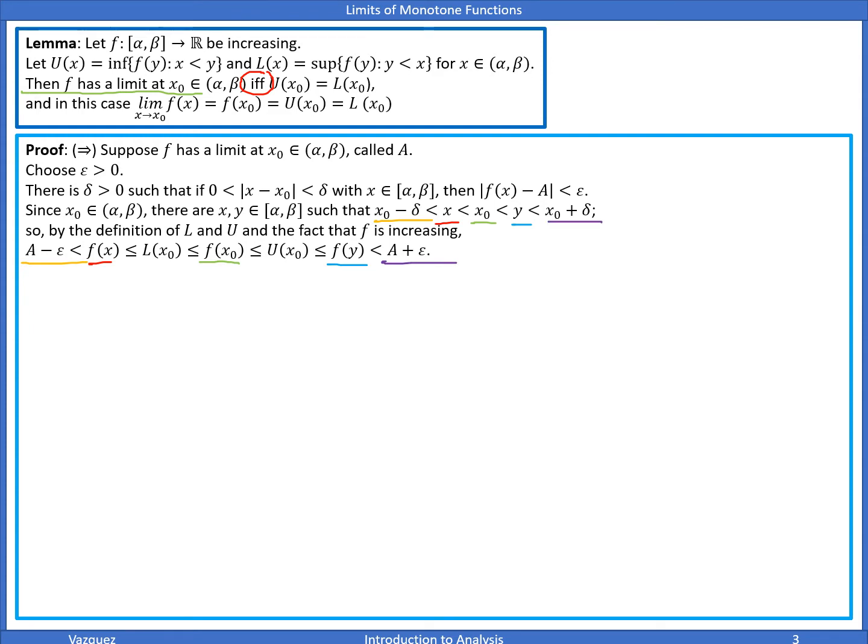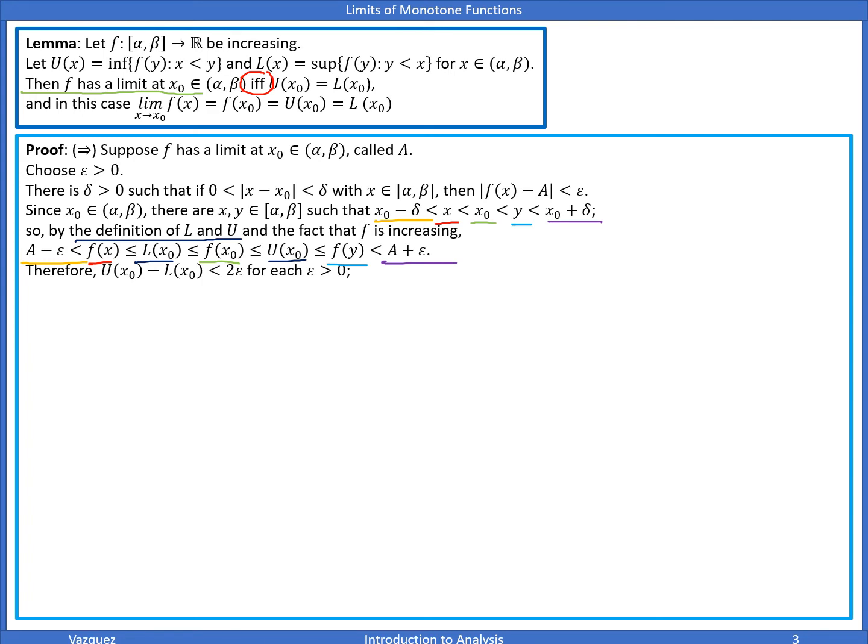And now these, I suppose I can use yellow. Actually, you can't really see yellow too well, so let me use dark blue. This and this comes from the definition of L and U. So that's how we get all these values.